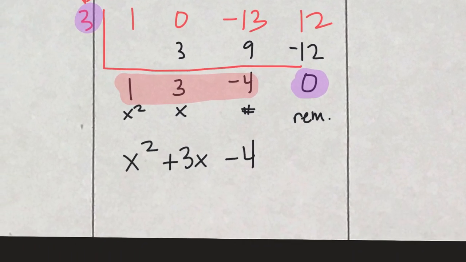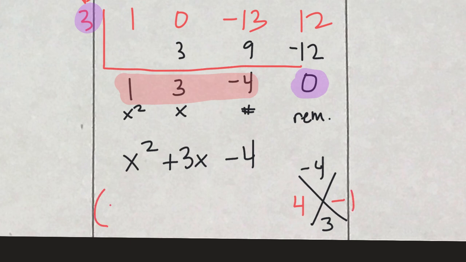Which is going to be a factorable quadratic. What numbers multiply to give you negative 4 and add to give positive 3? Those numbers are positive 4 and negative 1, of course. So then we can factor your quadratic as x plus 4 and x minus 1, which means your other two answers are negative 4 and positive 1.